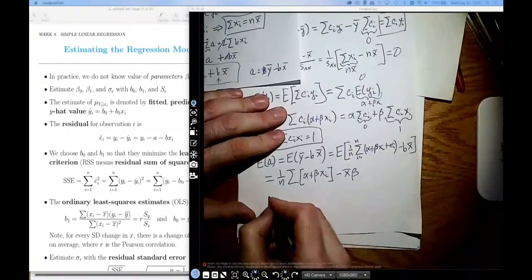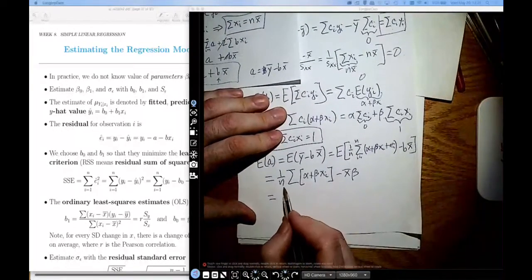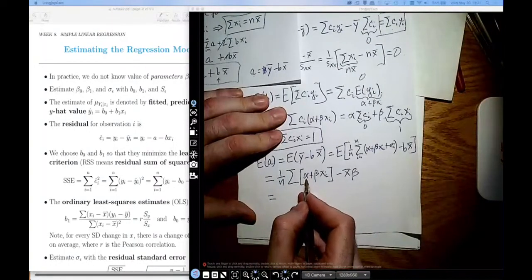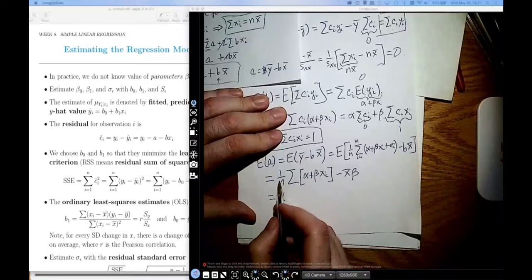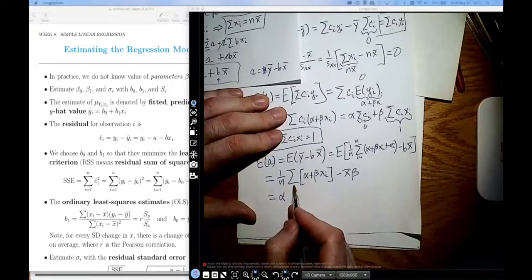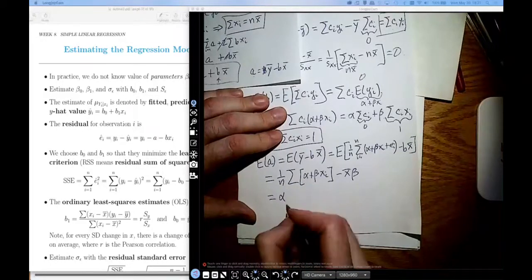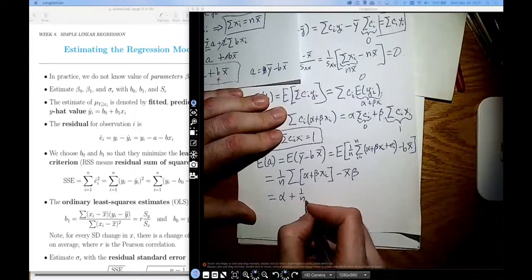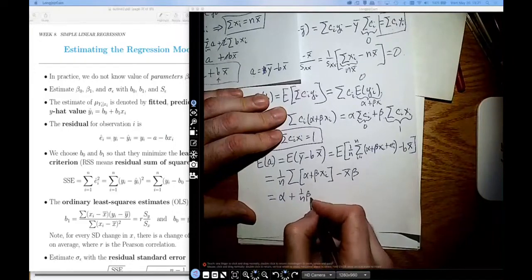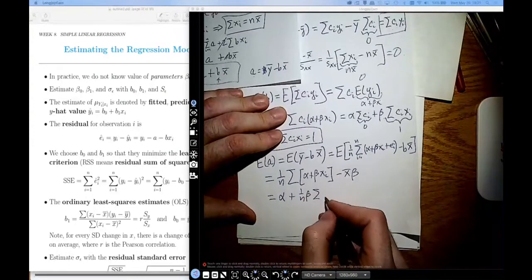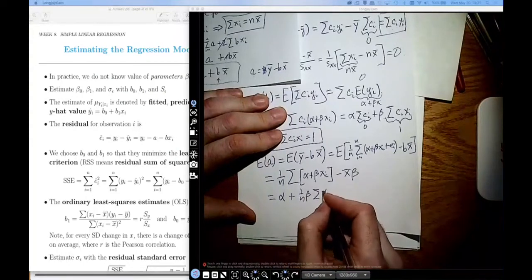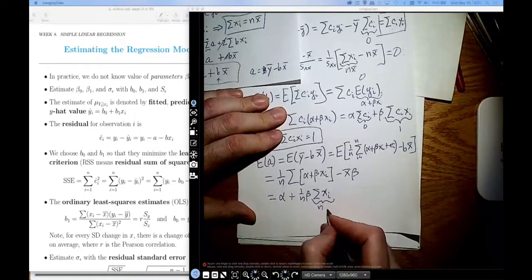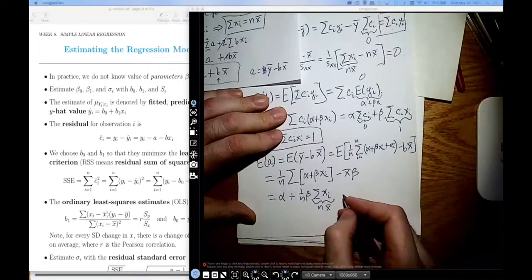So let's go do a little bit more work on this. I have 1 over n times the sum of alphas. So this is just going to be alpha. If I add up alpha n times and divide by n, I get alpha. And what do I get here? Well, I'm going to have 1 over n times beta times the sum of xi, and we remember this is equal to n times x bar.